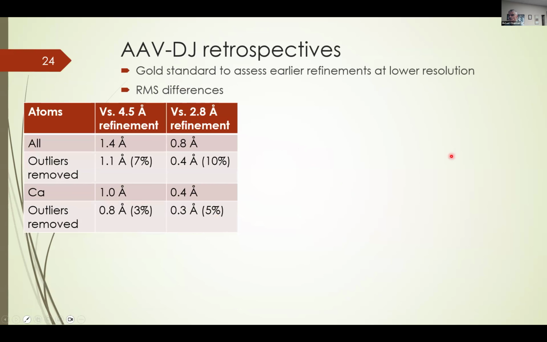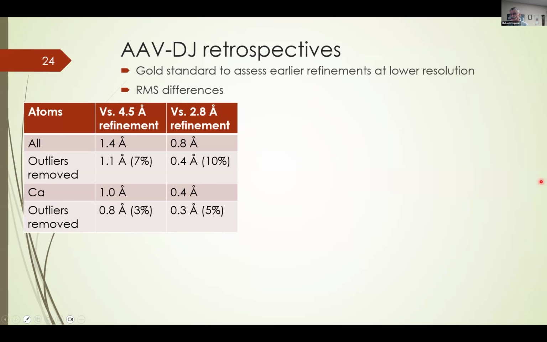So we can also use this high resolution structure as a gold standard to go back and assess structures that we had obtained with earlier data and through earlier model refinements.